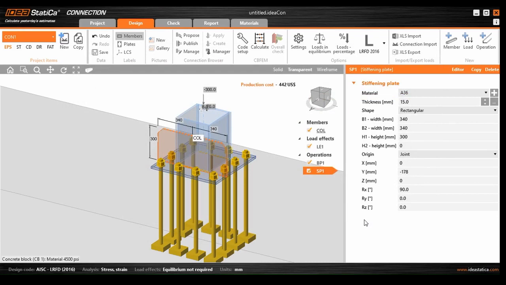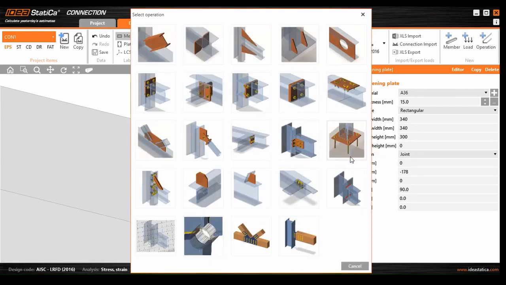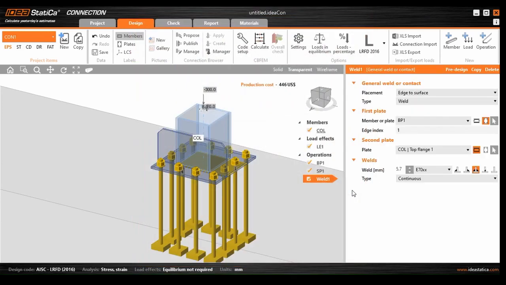So now we have to define welds of the plate to column or base plate. Right click on operation, choose new operation and then press on this icon here, weld or contact. New operation named weld 1 is added.